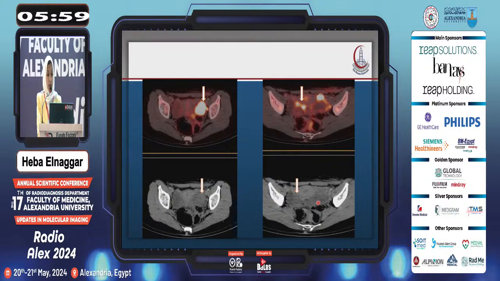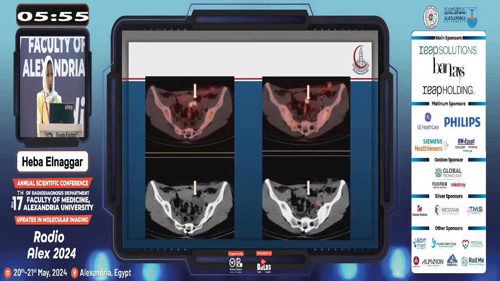These lesions were not clearly visualized in the conventional CT images. As we proceed, you can see here the linear arrangement of the peritoneal deposits around the uterine body.